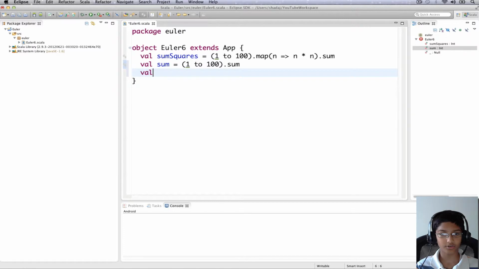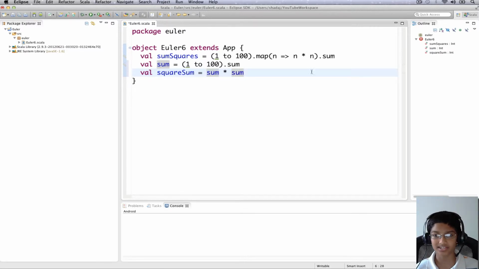And now we can do val squareSum, and that's going to be equal to the sum times itself. The reason we calculated the sum separately is that if we had done squareSum equals 1 to 100 .sum times 1 to 100 .sum, we would be calculating the sum twice, whereas by using this one val we only do it once.